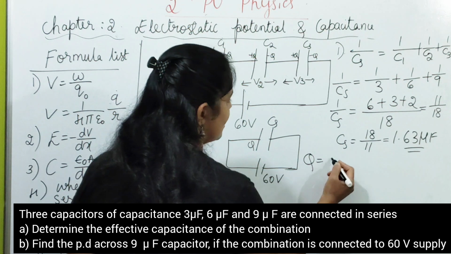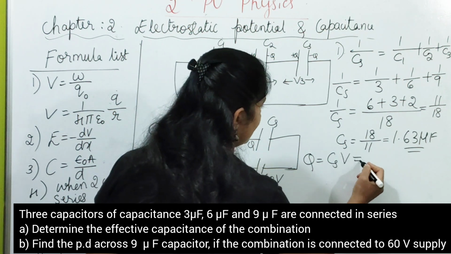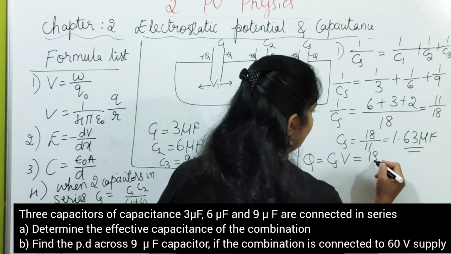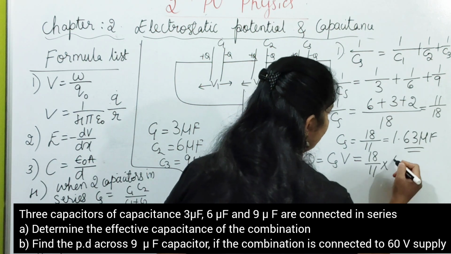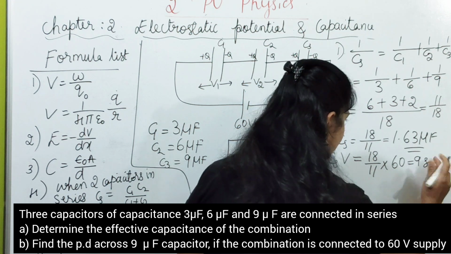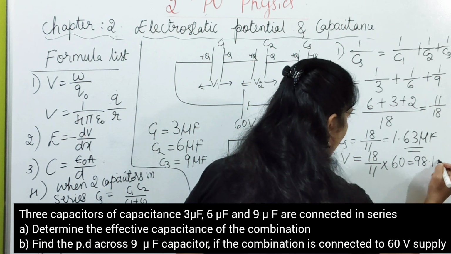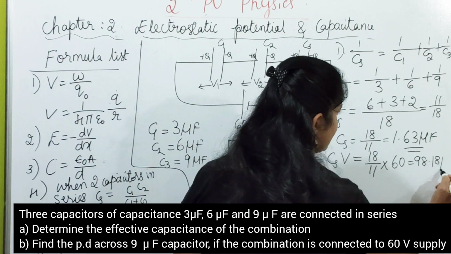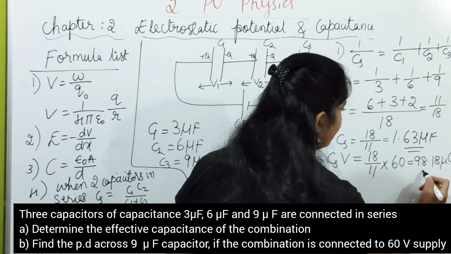Charge on the single capacitor is Cs into V. So let us write Cs as 18 by 11 into V is 60. So the answer is 98.18, and here there is a micro, so let us write it as microcoulomb.